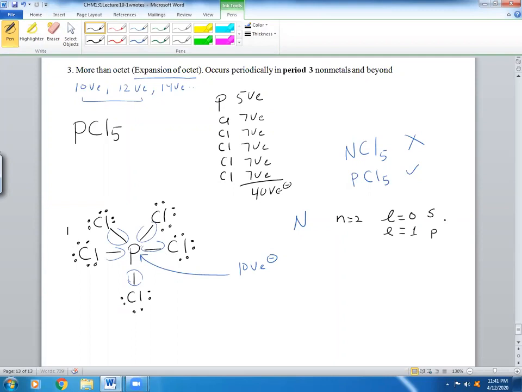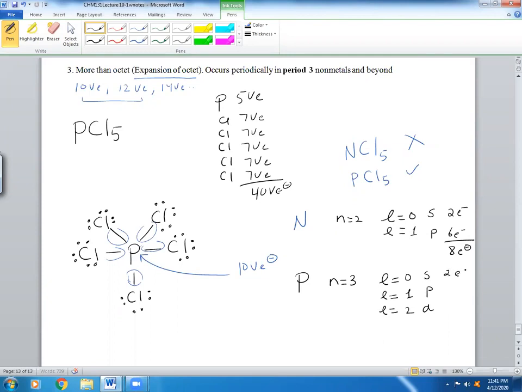And we know that the total of electrons for s is 2, for p is 6, because you have 3. So that's a total of 8 valence. But for P, n equals 3, l can be 0, l can be 1, and l can be 2. And this is s, this is p, and this is d. So you can put 2.